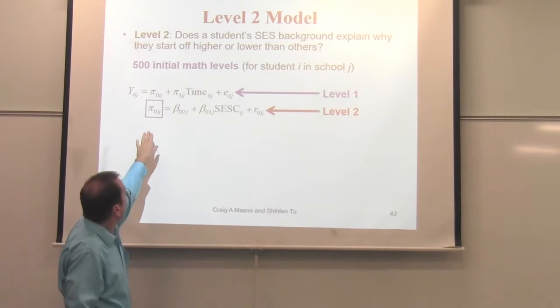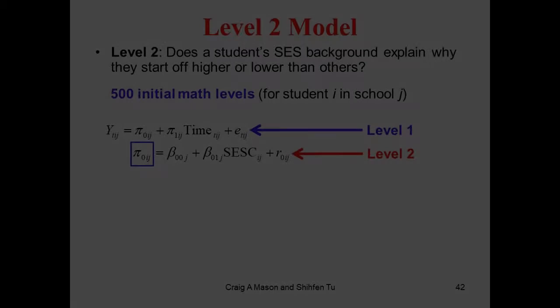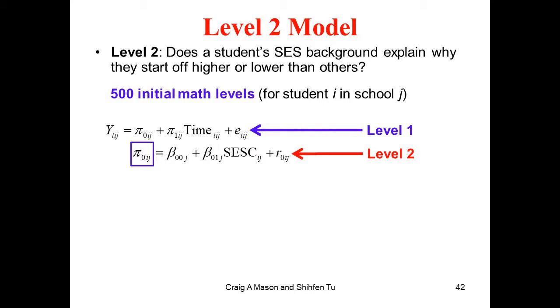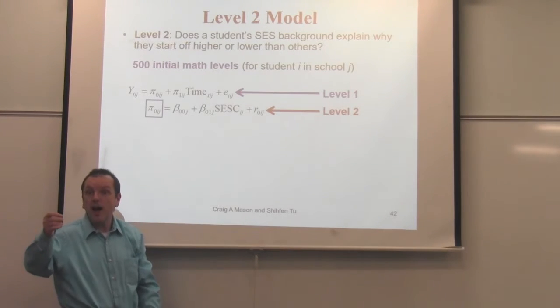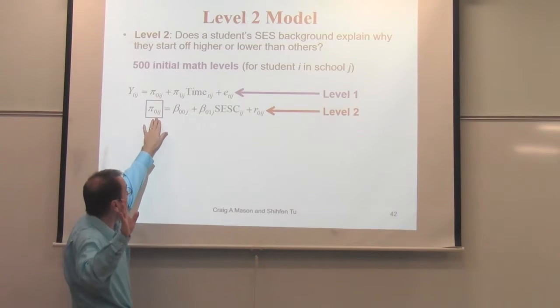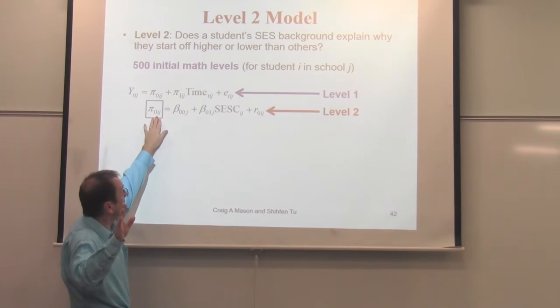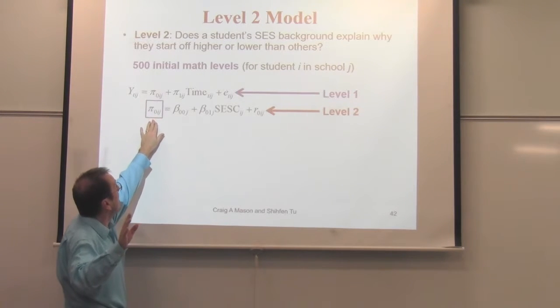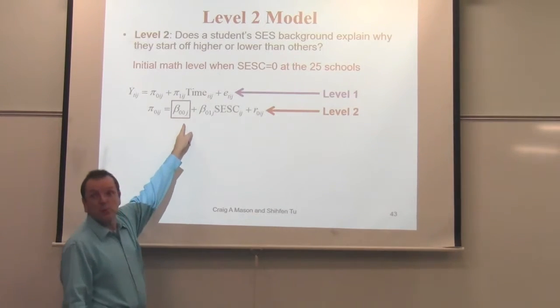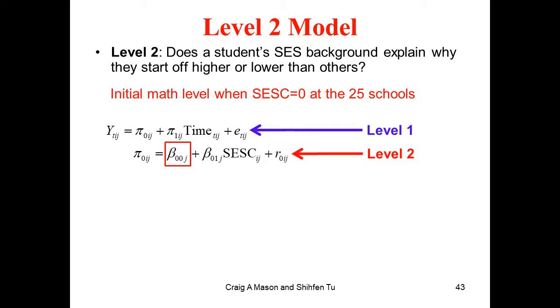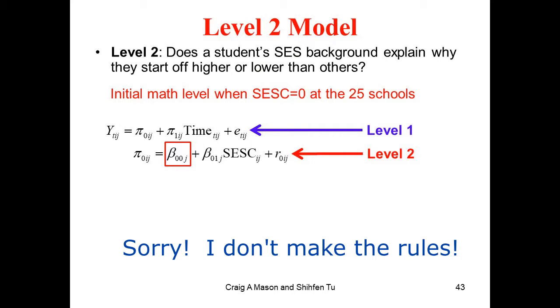So our outcome for level 2, you can think of it, is 500 intercepts. Pi 0ij is the intercept, pi 0, for student i at school j. There are 20 kids at 25 schools, predicted based on beta. Now I know it's beta, but this is an unstandardized coefficient; it's just the notation, because it's the Greek.